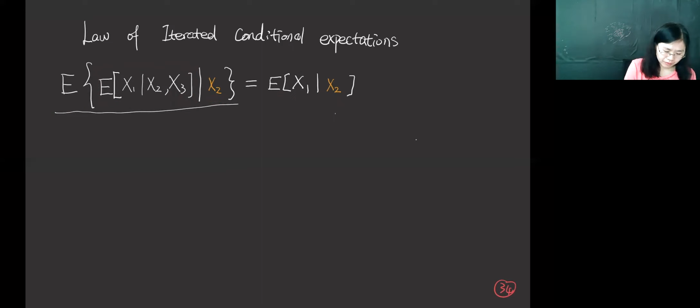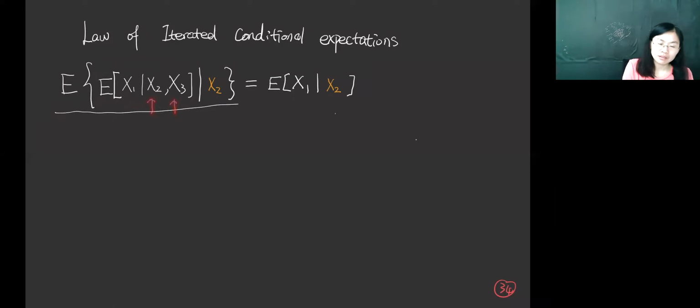So remember, expectation is an average, and conditional expectation is like average within a group defined by the value of the conditioning variables. So the inside conditional expectation on the left-hand side is within group mean, within group average for a group defined by both X2 and X3.